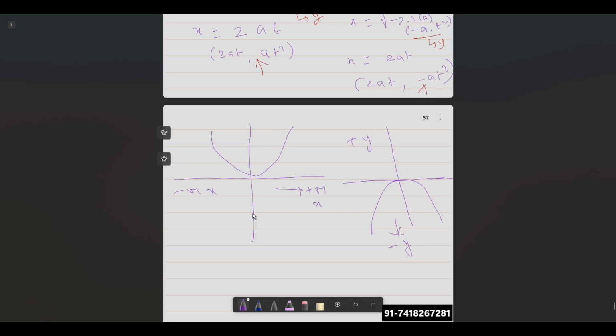Okay, so now you understood well. This P will be 2at, at square, and your P here is nothing but 2at, minus at square.